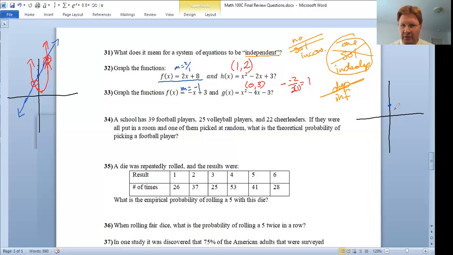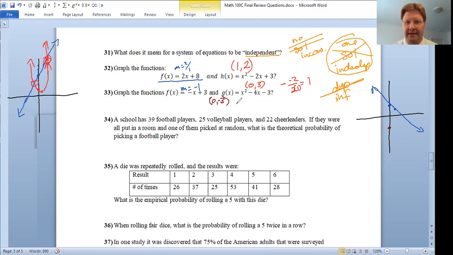So down 1 over 1, like that. Well, it was close. All right, and then we'll go to this other color for this guy. We know it goes through 0, negative 3. That's the y-intercept here.